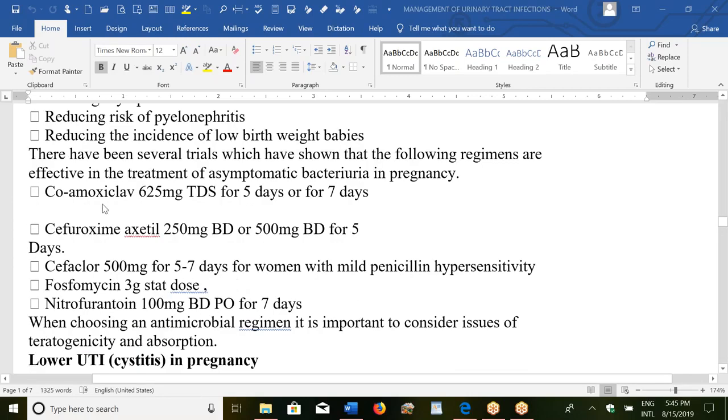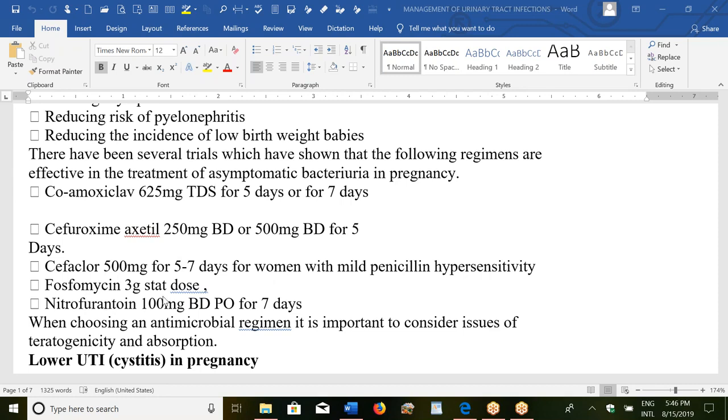You can give co-amoxiclav 625 mg TID for 5 or 7 days. We can give cefuroxime 250 mg BD or 500 mg BD for 5 days. Then cefaclor 500 mg for 5 to 7 days for women with mild penicillin hypersensitivity. So if she is sensitive to penicillin, you are going to give cefaclor.